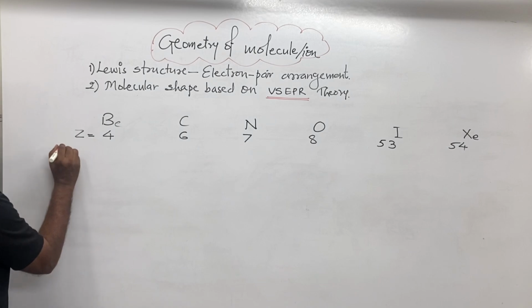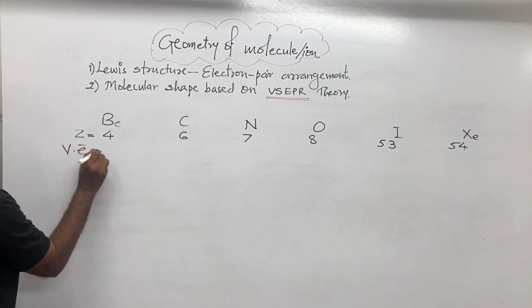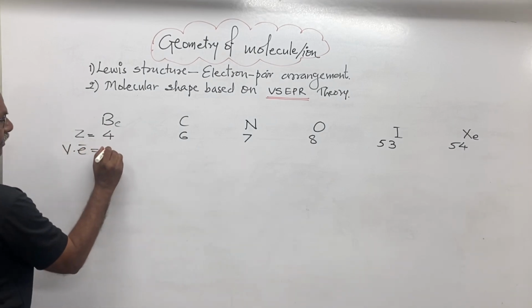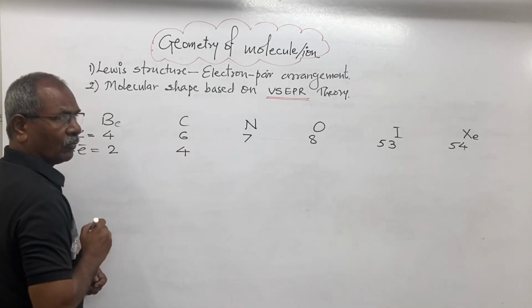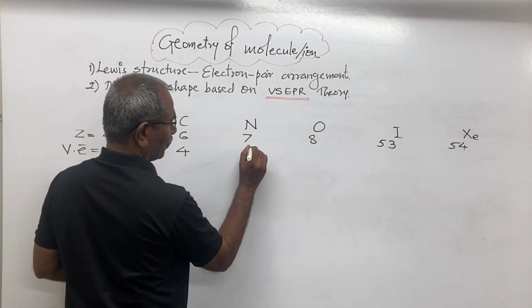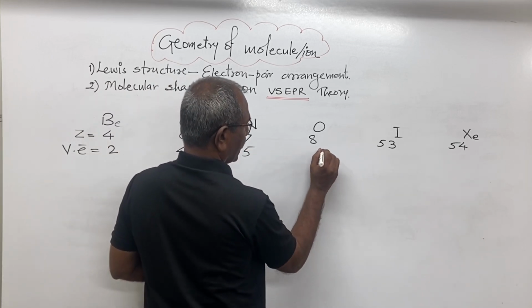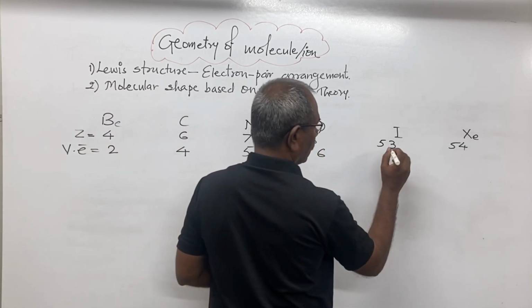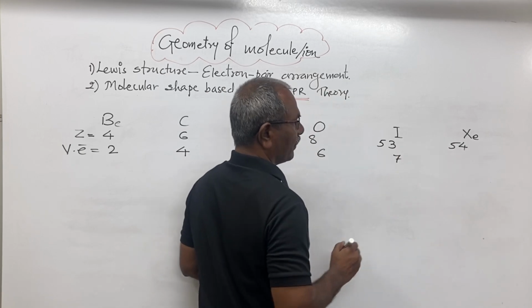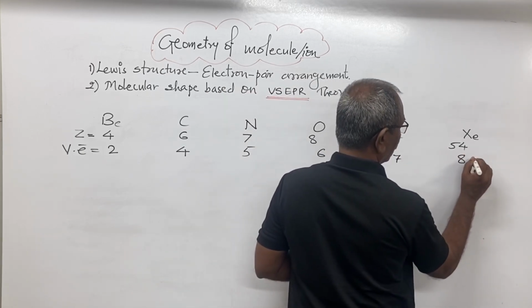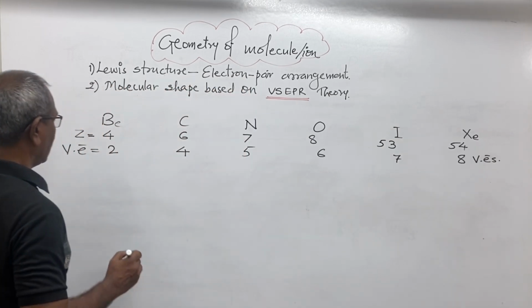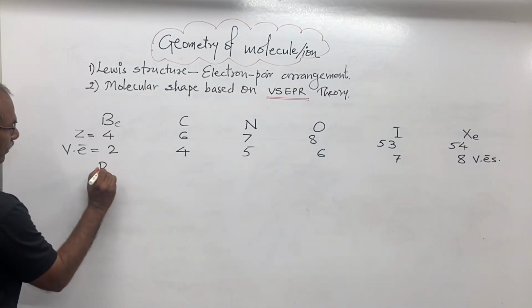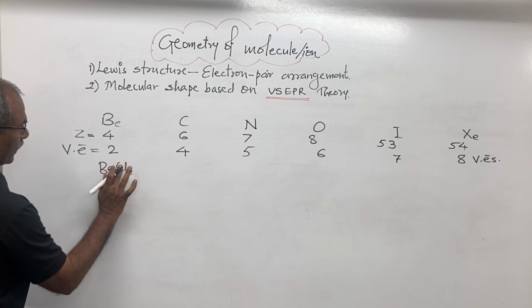So you write valence electrons. In beryllium there are 2 valence electrons, in carbon 4, in nitrogen 5, in oxygen 6, in iodine 7, and in xenon 8 valence electrons.